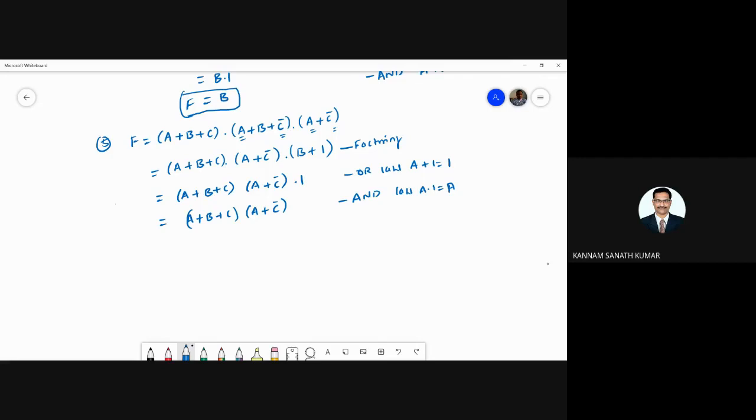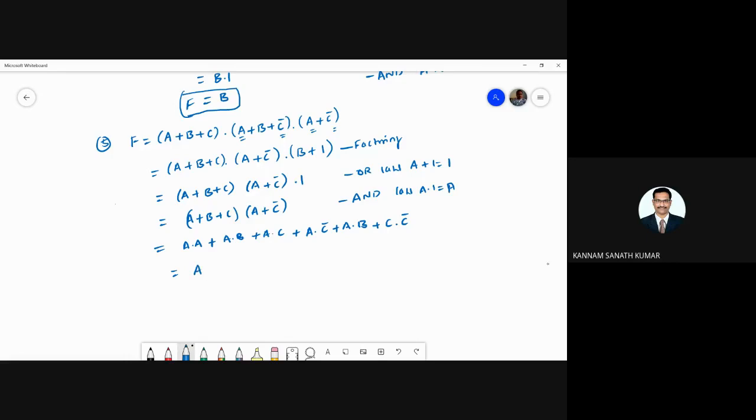And next, what I should do? You can multiply. So that means A dot A plus B into A is AB, A dot B. Again, A dot C, A dot C bar, A dot B plus C dot C bar. So this is equal to what?